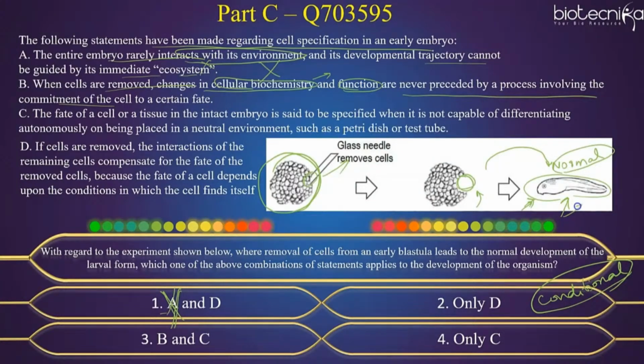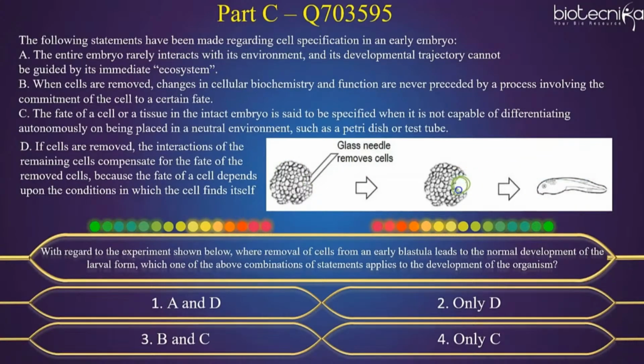Otherwise, how are they coming back to normal? Some cells would have compensated. They would have changed their fate. Otherwise, whatever these cells were supposed to give rise to, they would have gone missing in the embryo, as it happens in autonomous specification, right? So if these are not present, you can expect some cell fates to change, right?